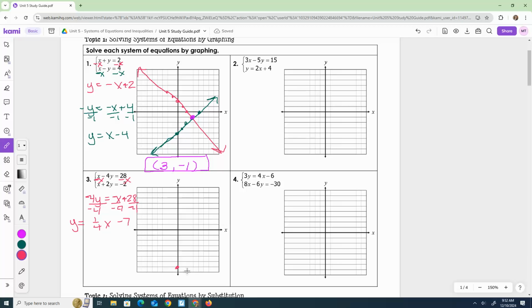Start at negative 7. My slope is a positive 1/4. Up 1 and over 4. And then you draw your line.